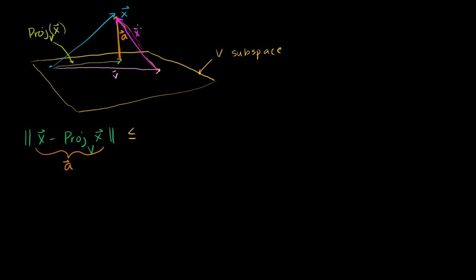That is the vector x minus v, right? If you take v plus x minus v, you're going to go to x. So what I want to show is that this distance, the length of A, the difference between x and its projection, is always going to be less than the distance between x and any other vector in the subspace. So that is x minus v.